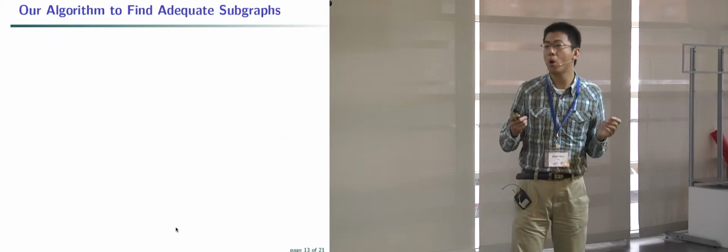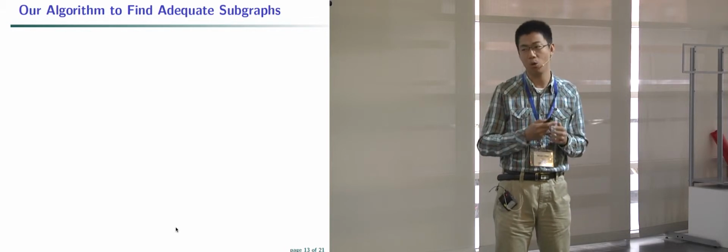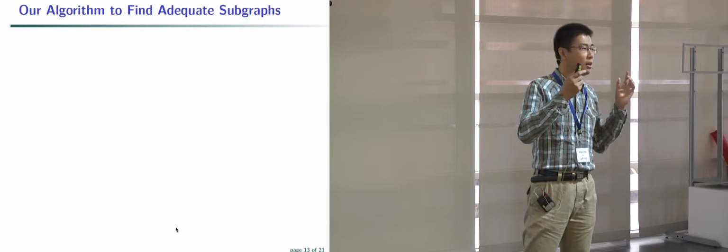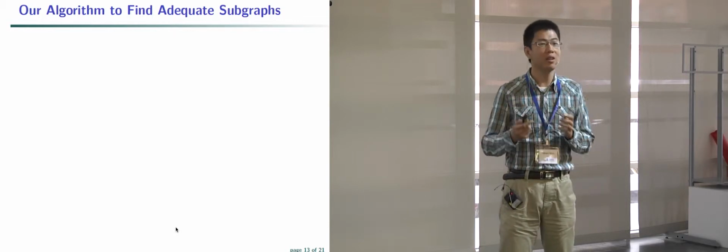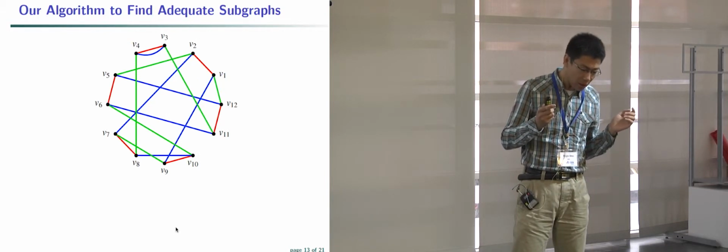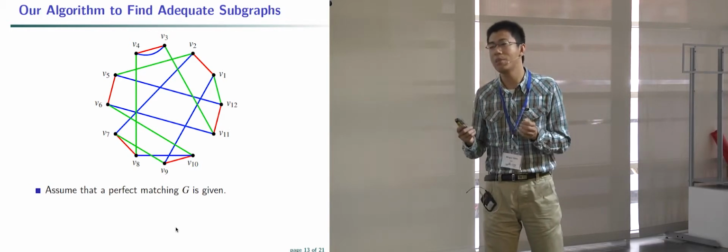So we propose a new algorithm to find adequate subgraphs in the whole graph. Recall that to verify 3 matchings are adequate, we need a certificate. Now we assume that a certificate perfect matching, denoted by G, is given.